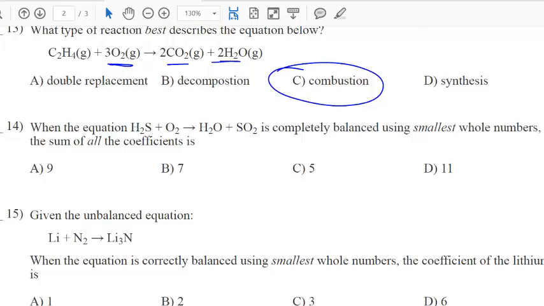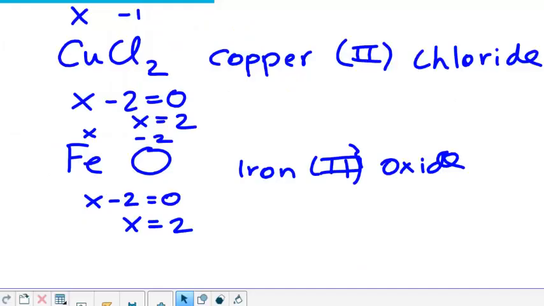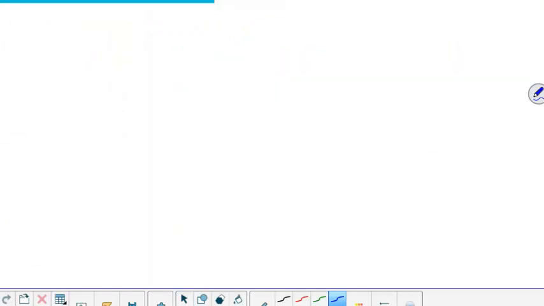Number 14, when the equation is balanced using smallest whole numbers, what is the sum of the coefficients? So I'm just going to rewrite this equation on the next page here and balance it for you.